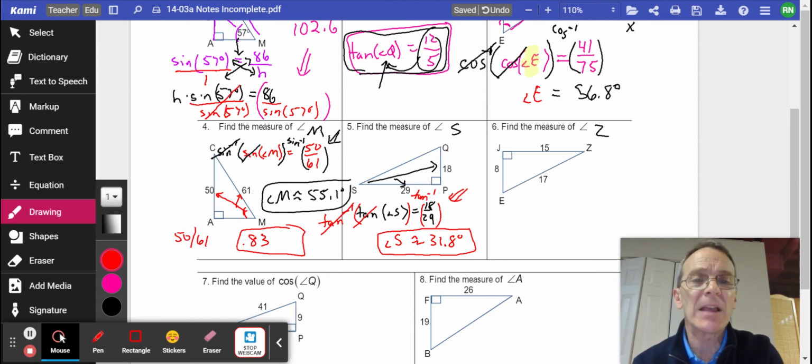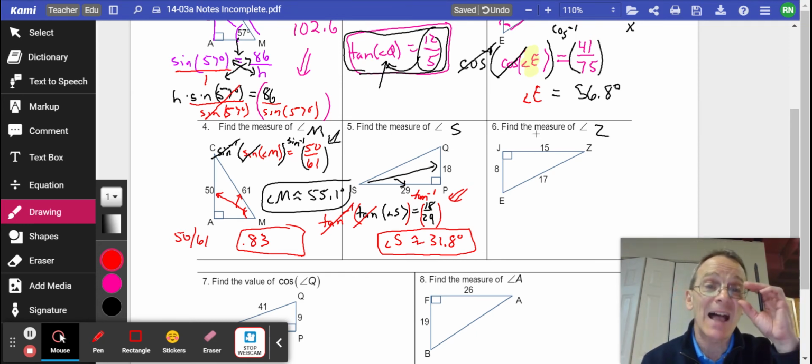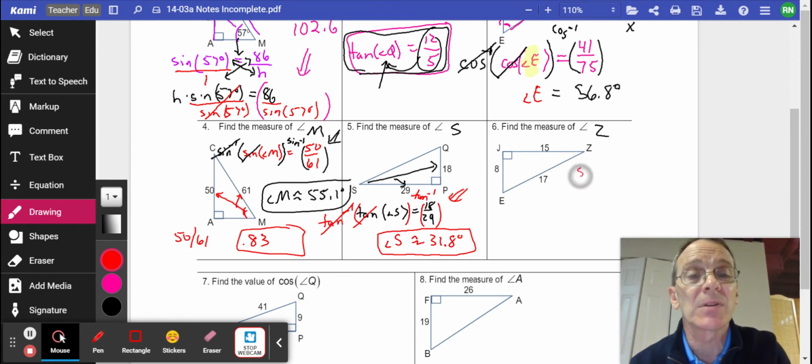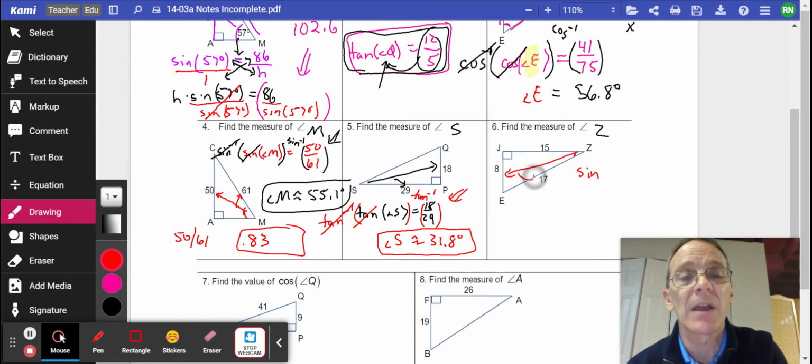Okay. The last one, since we have all three sides of this triangle, you have the option of writing a sine equation, a cosine equation, or a tangent equation. None of them are easier or less easy than the other. None of them are faster than the other. It really doesn't matter. So I'm just going to set up a sine equation. Here's the opposite. Here's the hypotenuse.